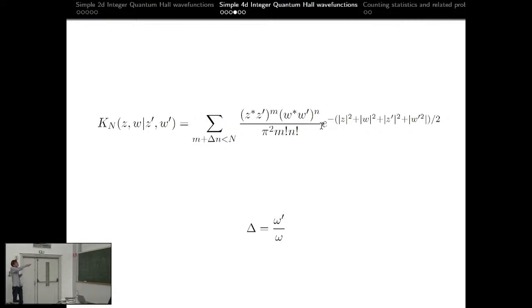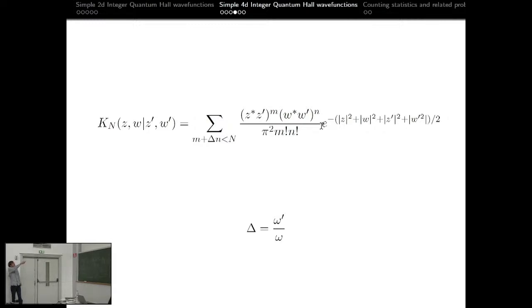And now the difference I have is that I have an extra parameter for the ratio of my two trapping frequencies. So I have something to play with, and the correlation kernel, which would be the 2-point function of the ground state, the one I want to study, is given by this sum.